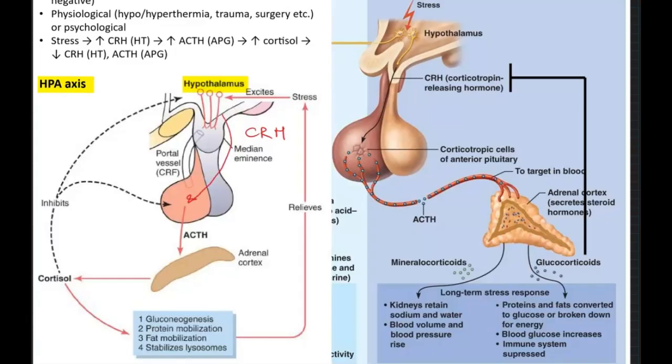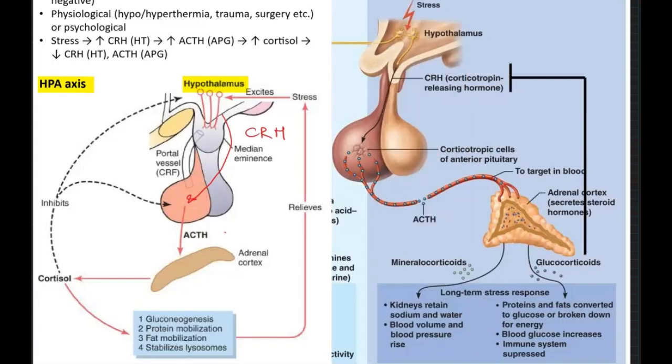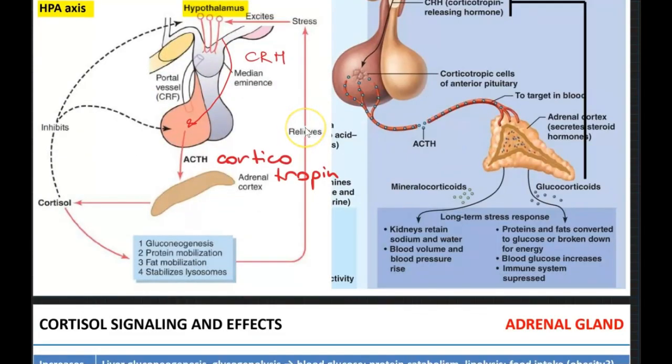releasing ACTH. So ACTH, or corticotropin. First of all, the name, corticotropin, we talked about that. Tropin means where it goes, and cortico stands for cortex.